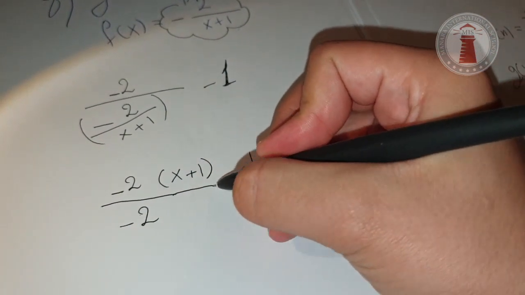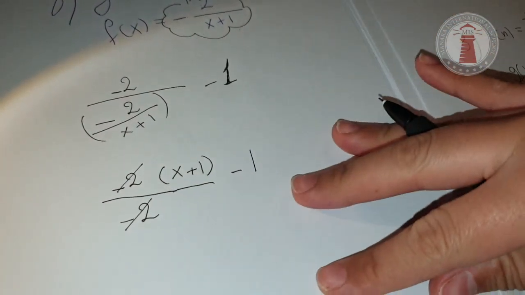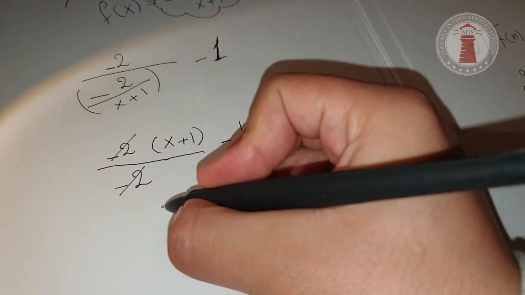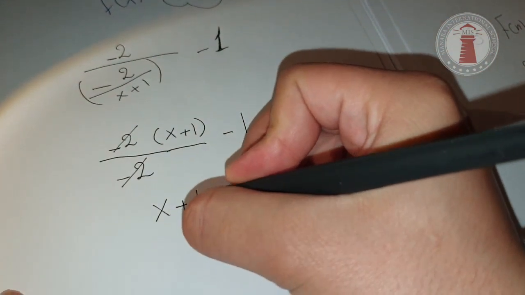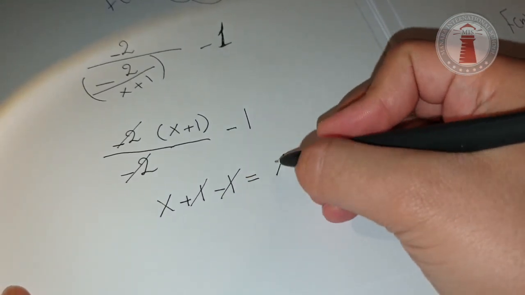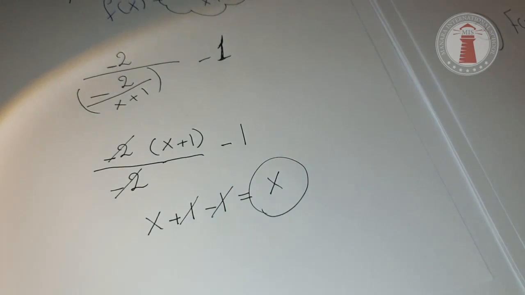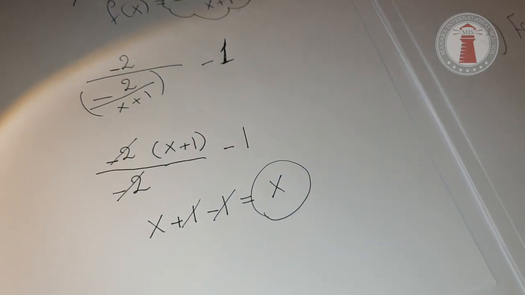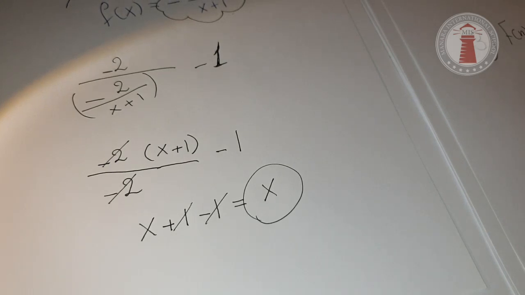Here, the negative 2 and the negative 2 are eliminated. Then we will be having x plus 1 minus 1, which is equal to x. Again, we're left with the original input, which means these two functions are inverses. So again, the answer is yes, or true, they are inverses.